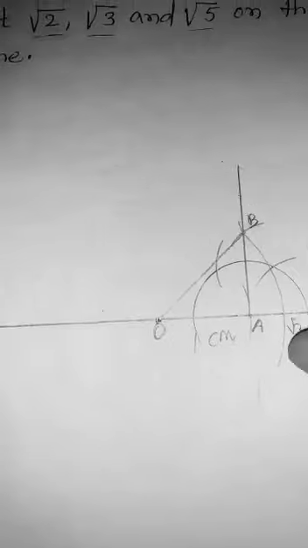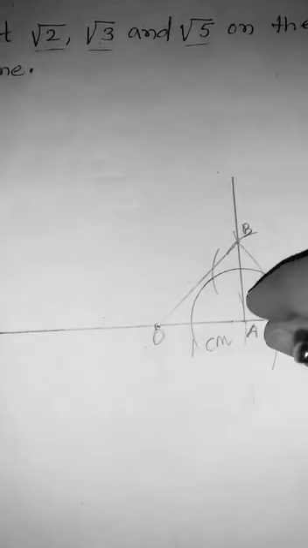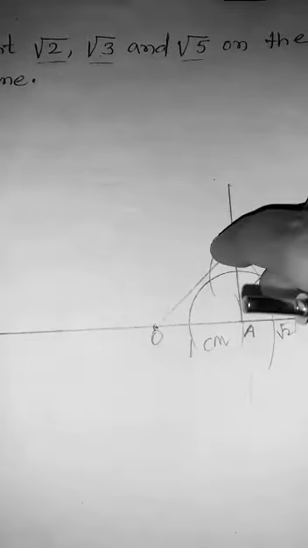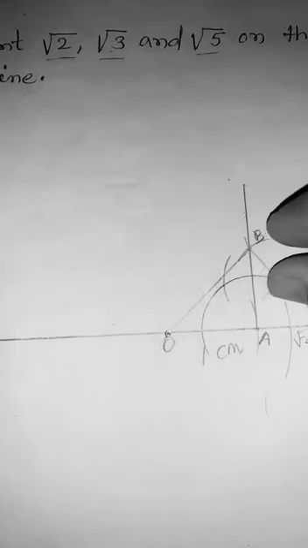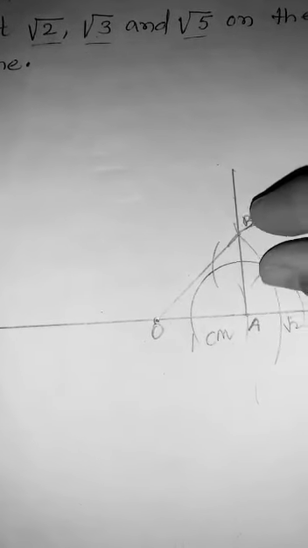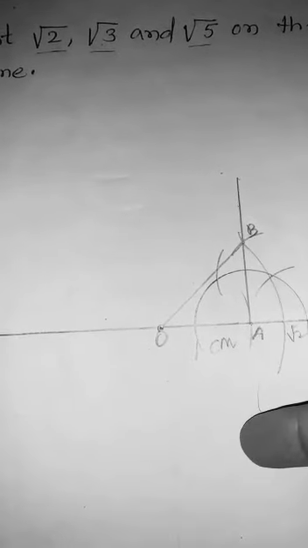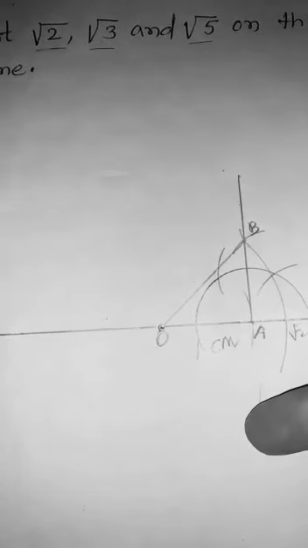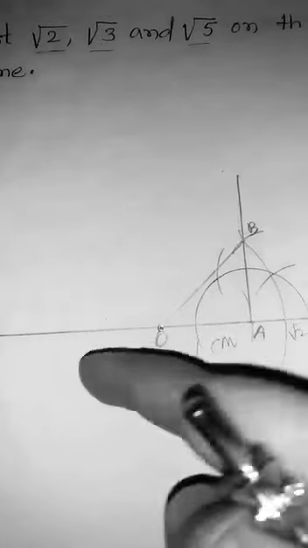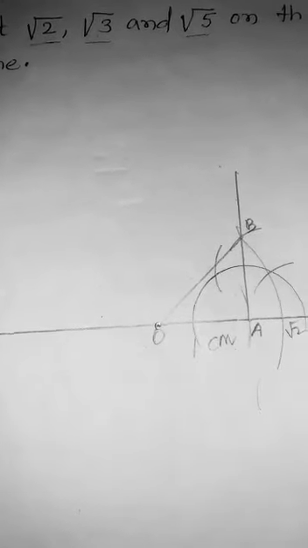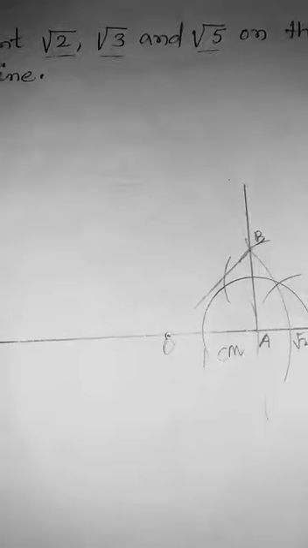And again you take the first arc, then the second arc, and from both the arcs you take distance as half or more than half. You cut an arc and draw a line which will be perpendicular. So you can say that AB is perpendicular to OX, or you can say OA.